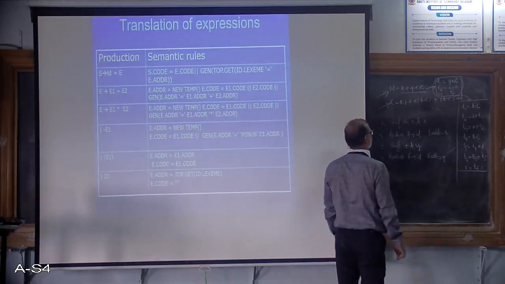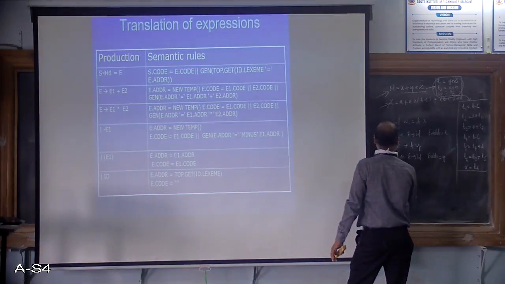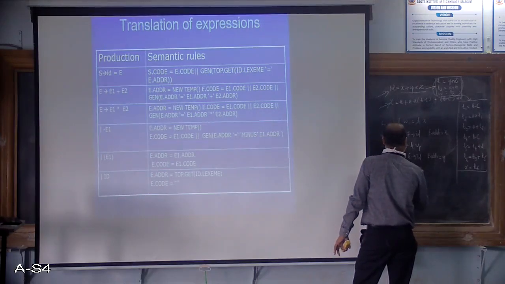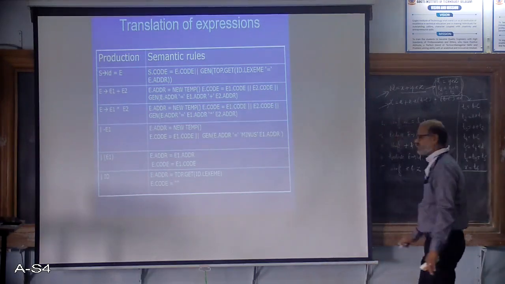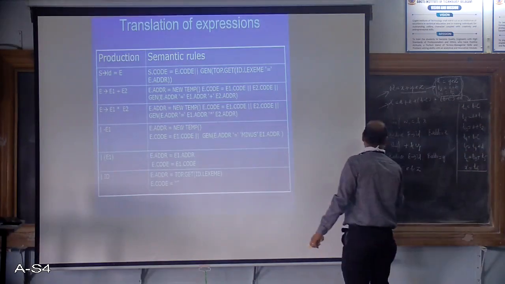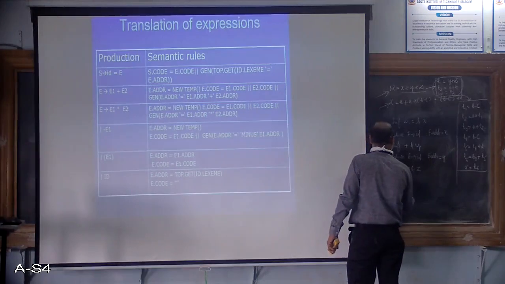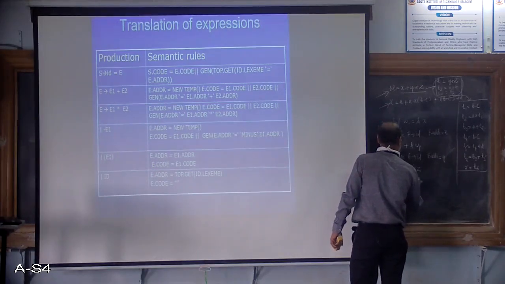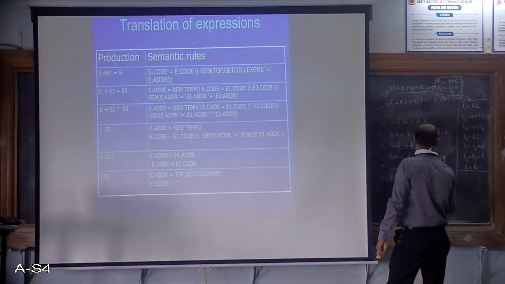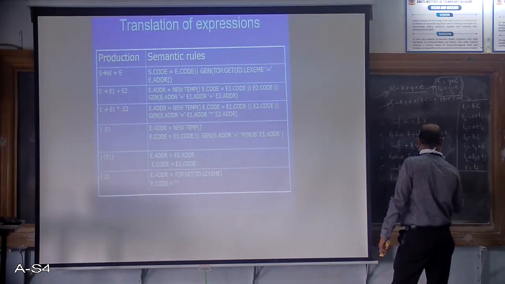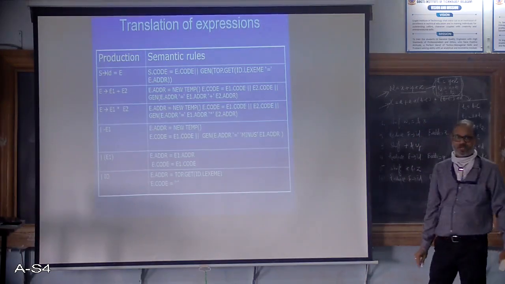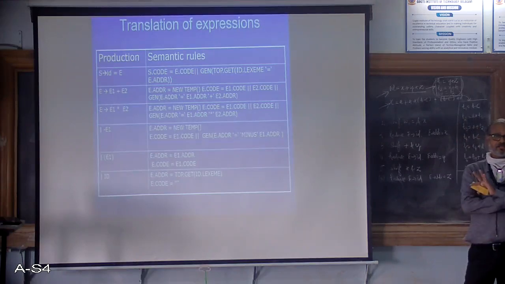fifth step. Next action is again shift star and Z. So my next action is again reduce with the production E derives ID. Here also no code is generated. So I have E dot address equal to the instance of an ID, Z. At present I have not generated any sequence of 3 address codes.